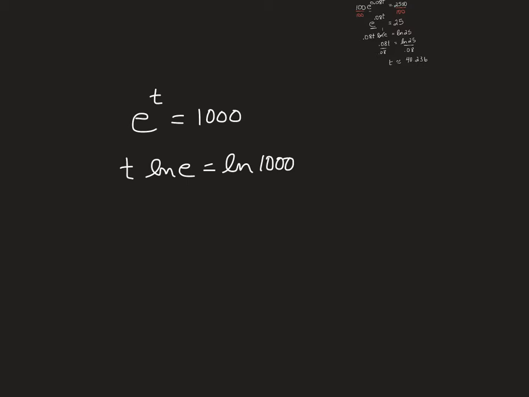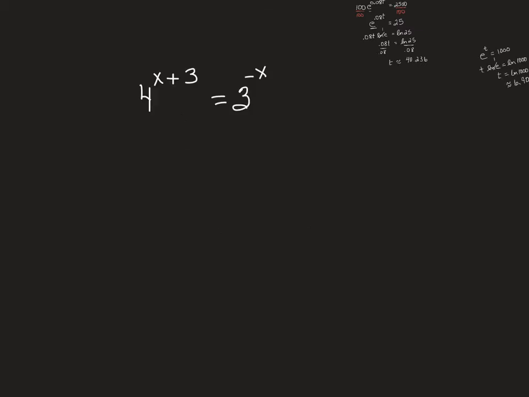Remember, the natural log of e is always 1. So t is simply equal to the natural log of 1,000, which is approximately, just plug that into your calculator, 6.908.